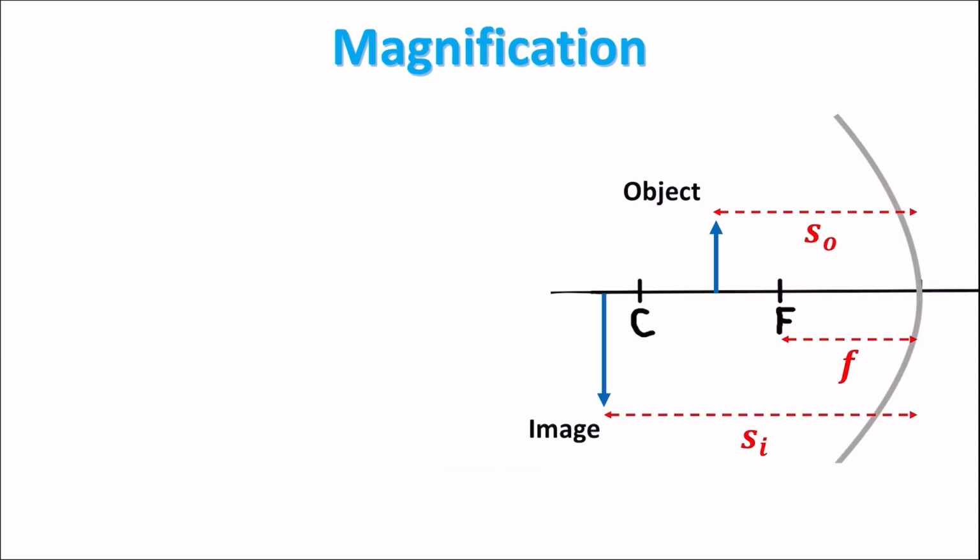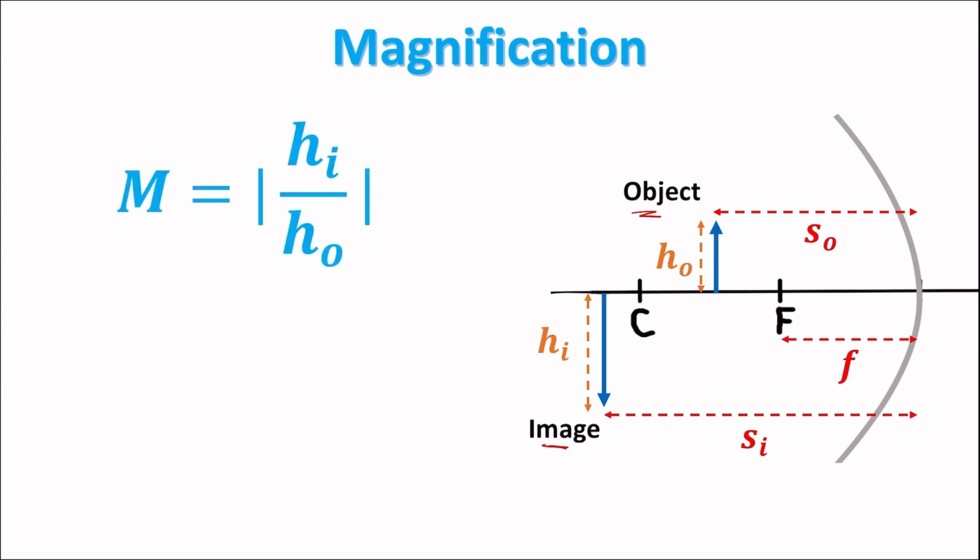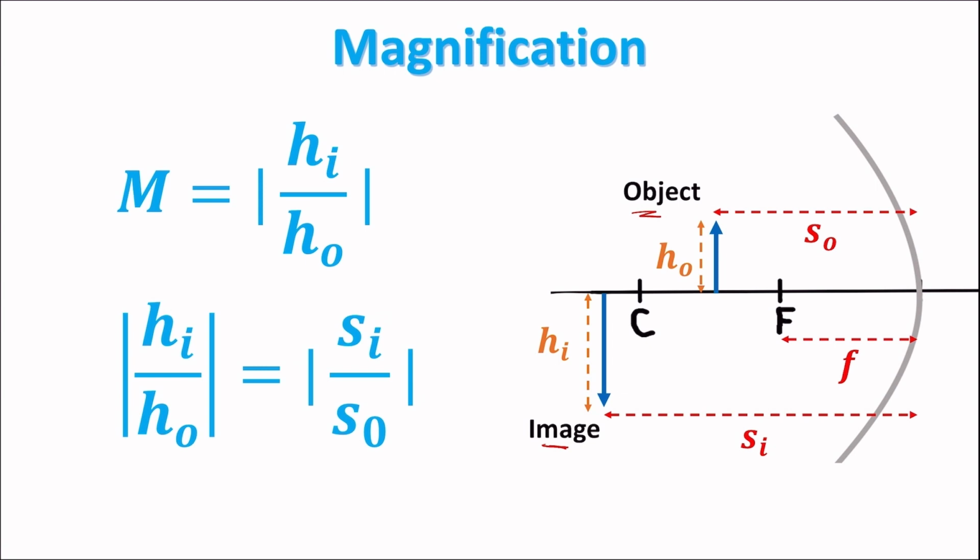An image's magnification gives the ratio of the size of the image to the size of an object, and it relates the two heights of the object, HI for the image and HO for the object. Magnification is defined as the ratio of HI over HO. And this ratio can be determined by just using the ratio of the distances between the image to the mirror and the object to the mirror.